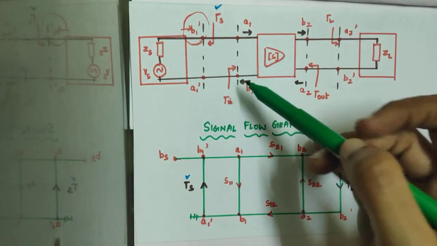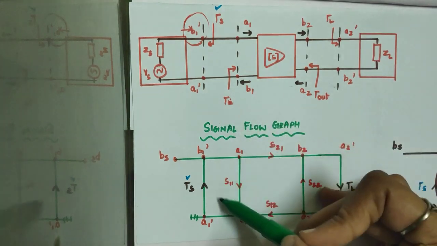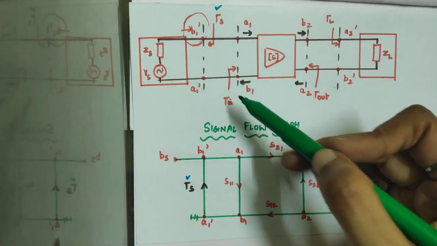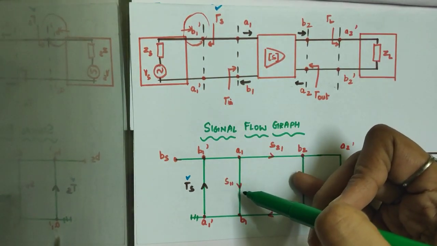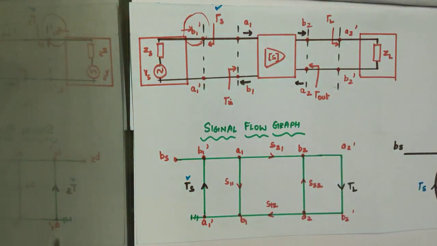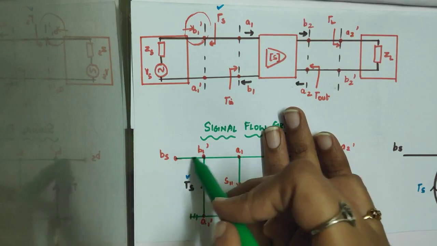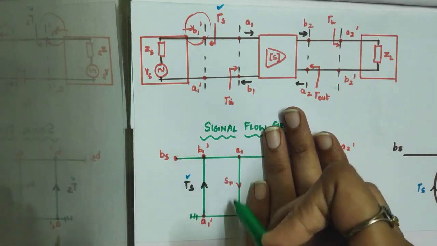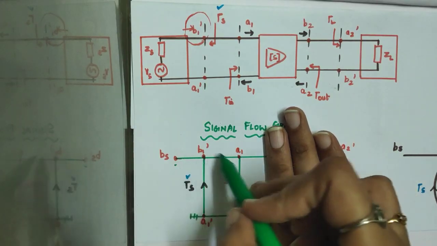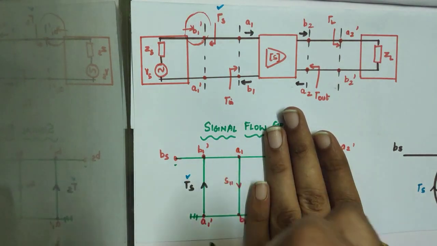Between A1 and B1, here it is tau in, here it is S11. So tau in is almost equal to the term S11. We will say that a self loop is created here. Self loop means this flows in this path and comes back to the source. So we call this looping structure a self loop.